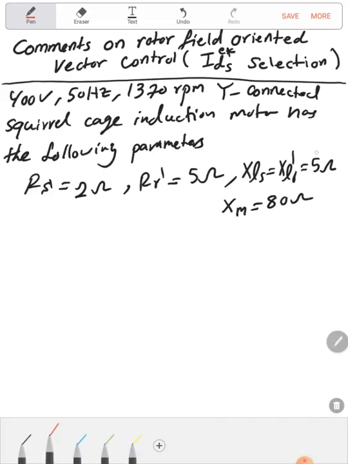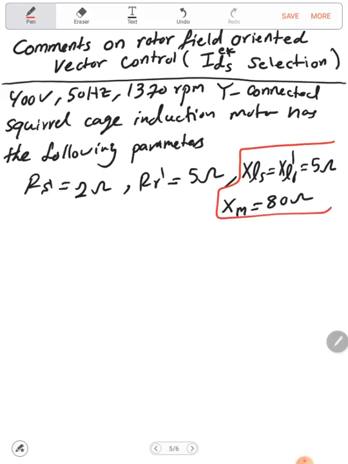Now recall, those reactances are calculated at 50 hertz, at the rated frequency. Now we need to find the IDS star. How can we do that?